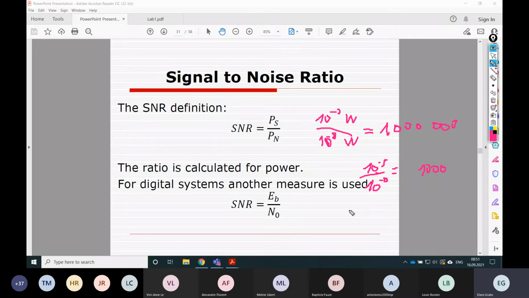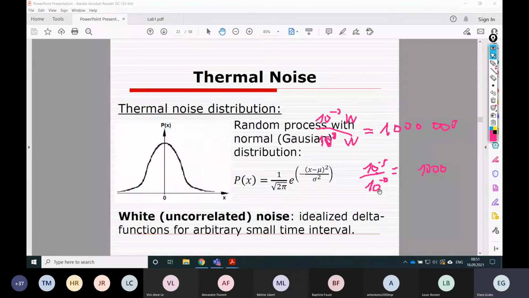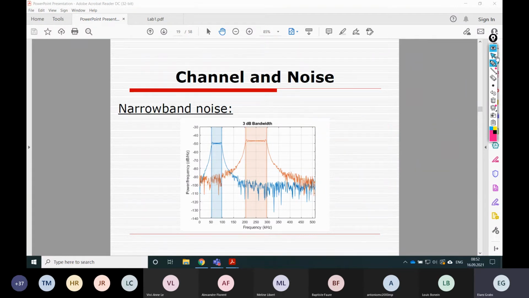Of course, in practice, these values are even smaller, as you have seen in this picture, for example. The signal level is minus 50 decibel, which means that it's below 1 watt. And basically, this is actually the level of minus 50 decibel.